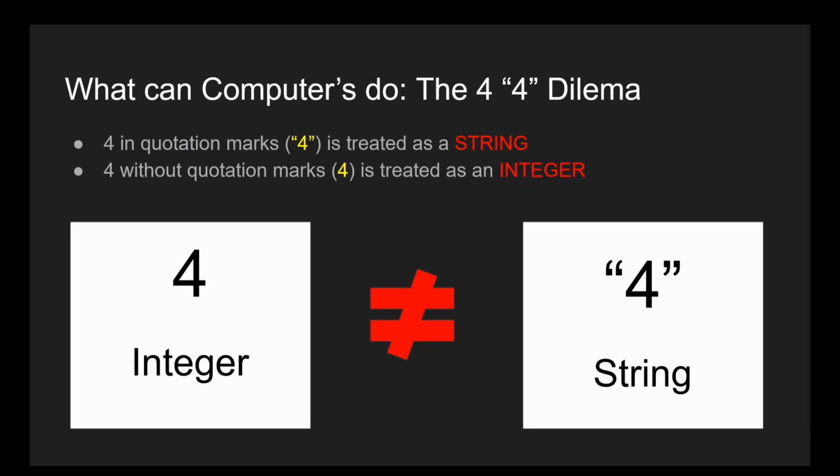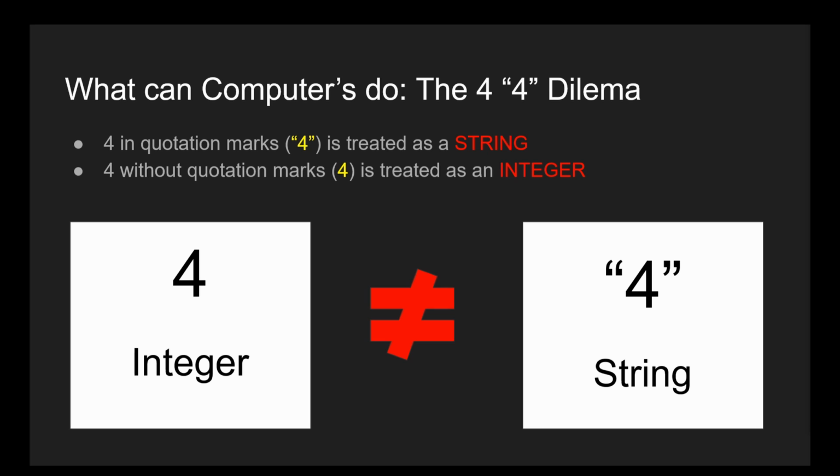Another important thing to note is the difference between 4 in quotation marks and 4 without quotation marks. Now 4 in quotation marks is treated as a string, rather than a 4 without quotation marks, which is treated as a number.